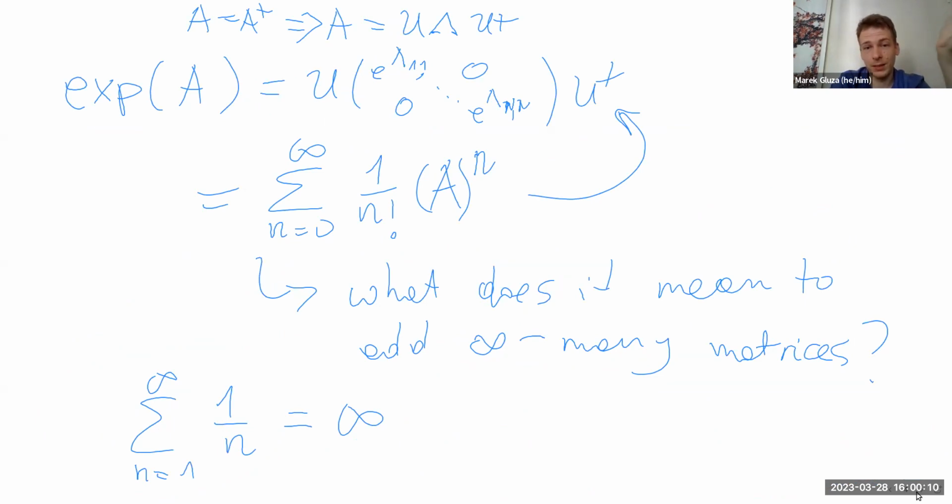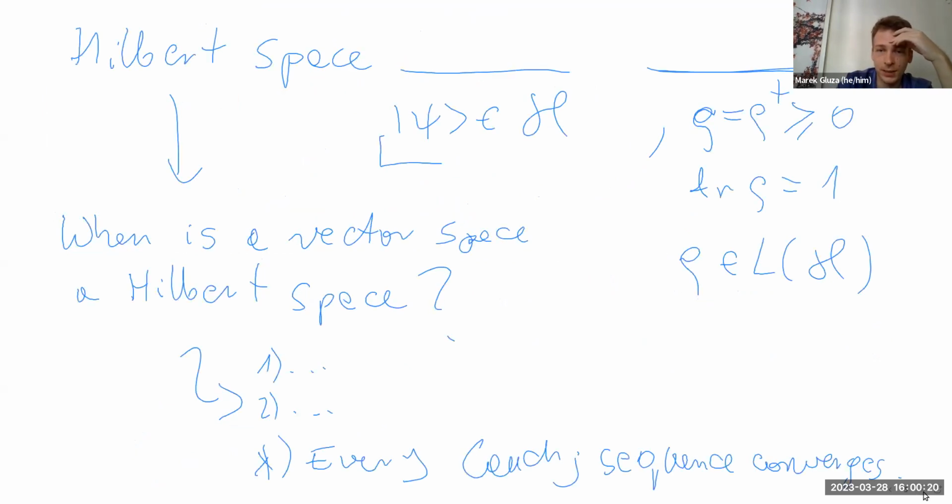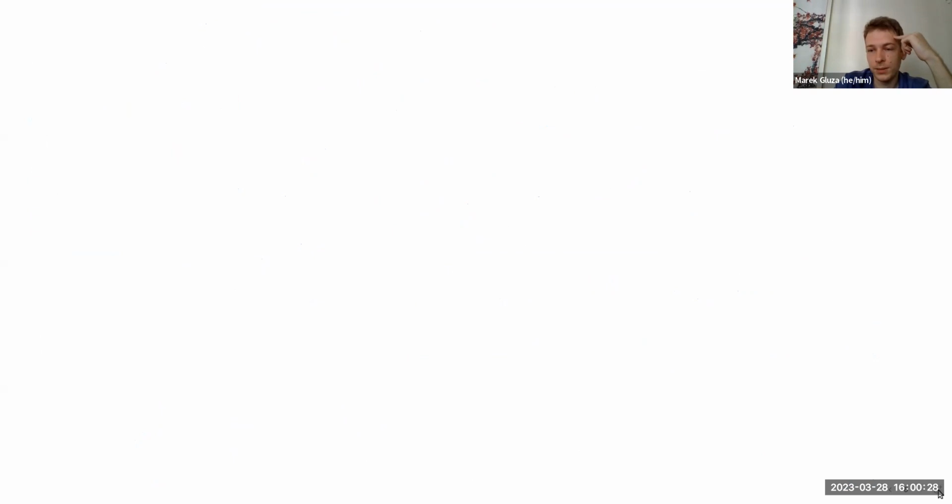So now functional analysis comes into play because we start talking about, for example, this operation. And to even make sense of this infinite series, you need to understand the Hilbert space. And there will be 2 Hilbert spaces in question.